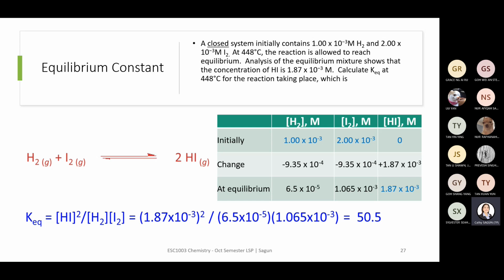Then you just substitute all this: 1.87 times 10 to the minus 3. You got 2 there, so that is raised to the 2. And then here, it's to the power of 1, 1. So you just directly multiply the concentrations that you get at equilibrium. Then you get your KEQ at 50.5.